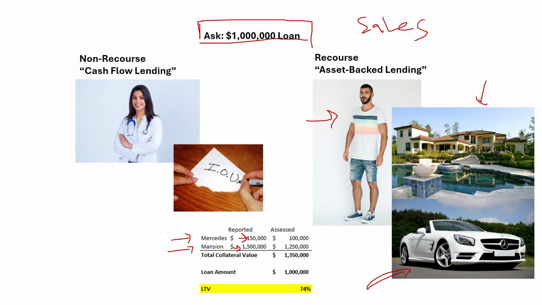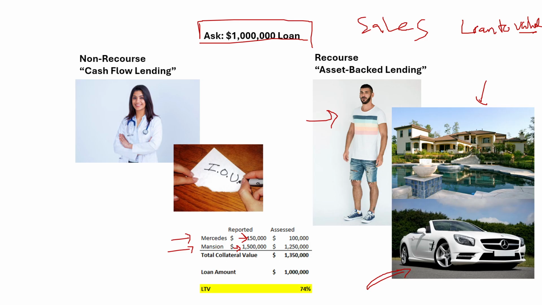But as the bank, when we calculate the loan to value, are we going to give him the full amount for the value part? No, and this is for the same reason as we just talked about. If we took the Mercedes and sold it in the future, we probably wouldn't get 150K back.